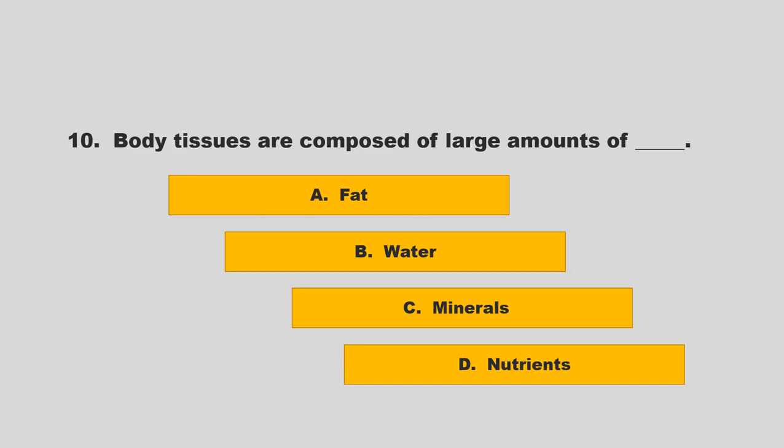Body tissues are composed of large amounts of fat, water, minerals, nutrients. If you chose B, water, you are correct.